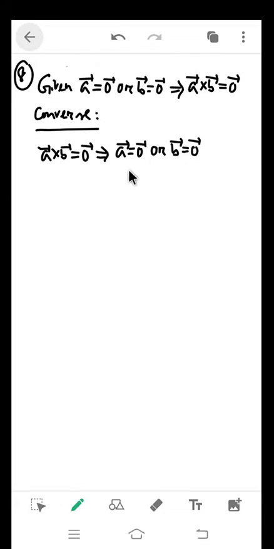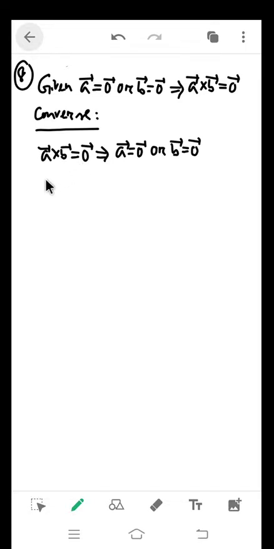So is it true always? The converse will be true only when the statement is true for any vector A and B. But you know one property that when two vectors are parallel, their cross product is also 0. Therefore, this statement is not always true, but we have to show by an example.